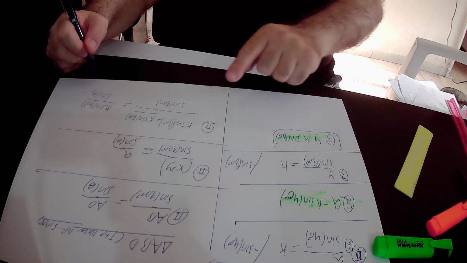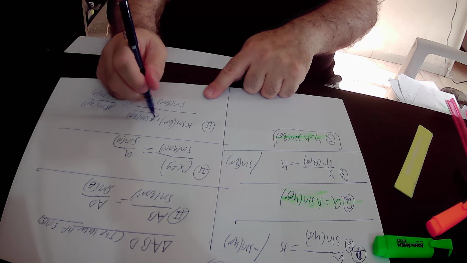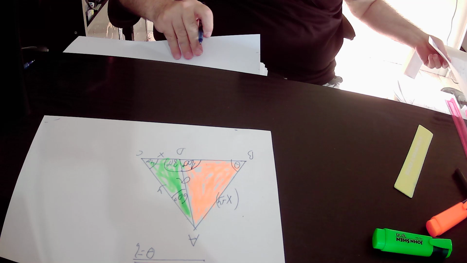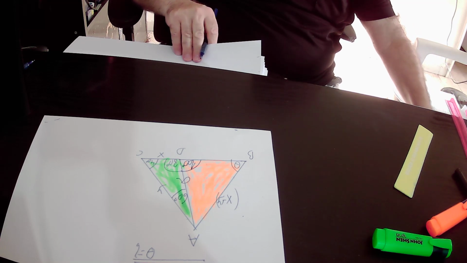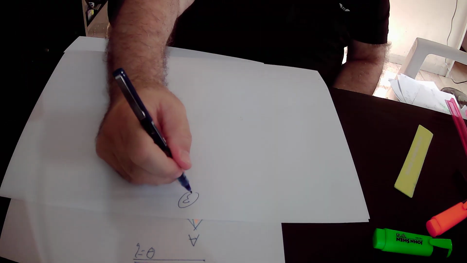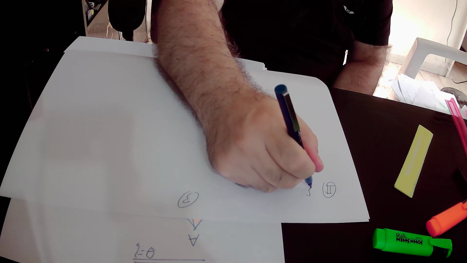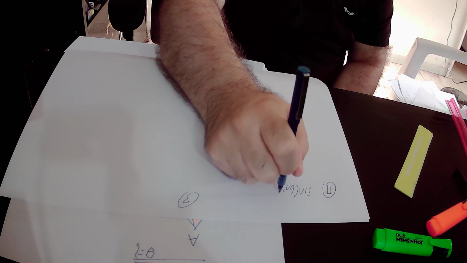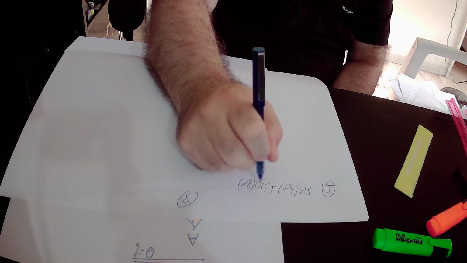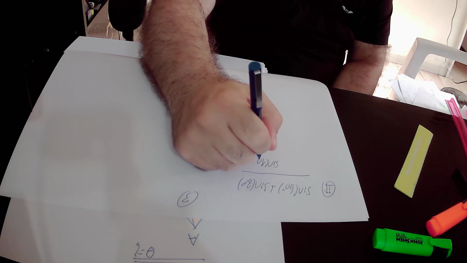So here we have k on both sides of the equation, so k will get cancelled. What is left after we cancelled k is, on this side of the equation, sine 60 degrees plus sine 80 degrees over sine 100 degrees.